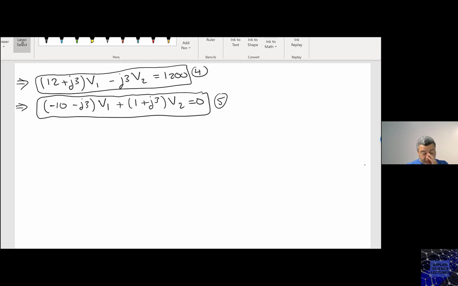So in this case, what I can do here is, if I take V1 to the other side, it becomes (10 plus J3) V1 equals (1 plus J3) V2, right?